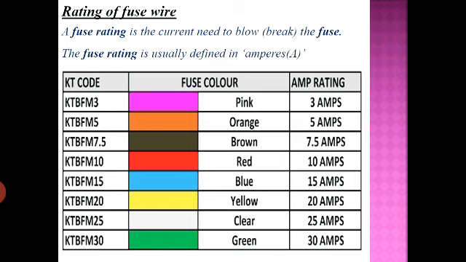Okay, so if we need the current less than 3 ampere, then what can be done? We can use the pink color of fuse wire, and based on the requirement we can go for different fuse wire also. So that is how rating is to be understood. That is, every fuse wire is having some rating that is given in ampere.